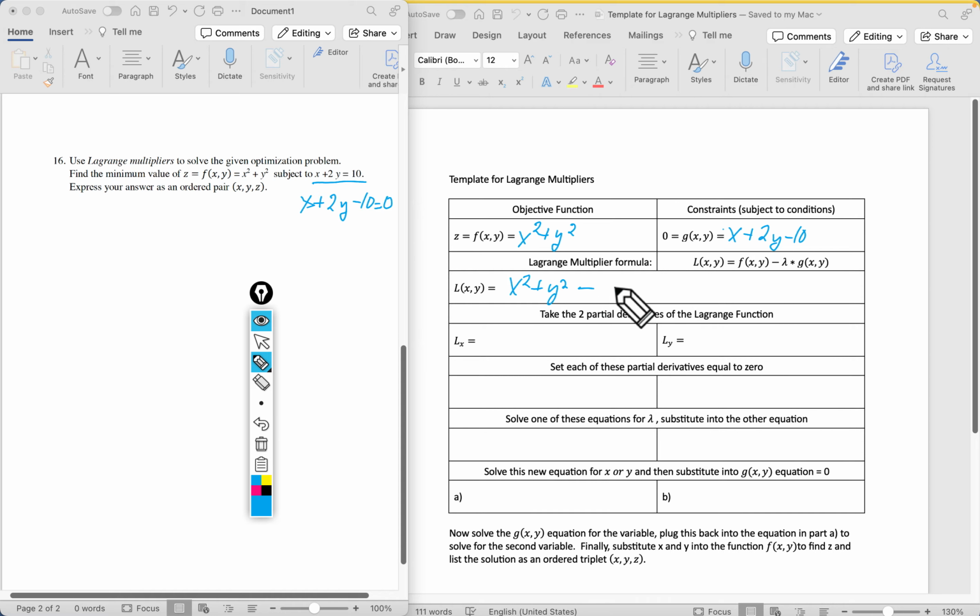Then we're going to subtract the Lagrange multiplier, the Greek letter lambda, times the function g of x, y, which is what we have up here, x plus 2y minus 10.